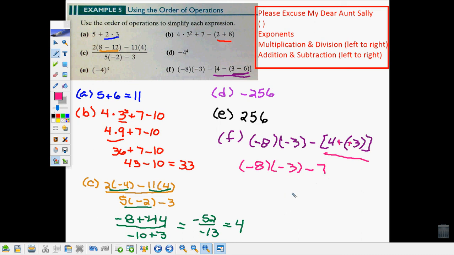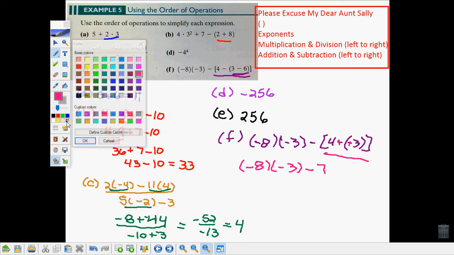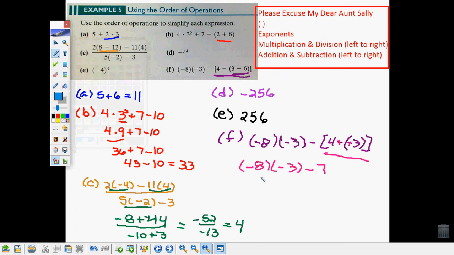Okay, so I've cleared parentheses. We don't have any exponents. The next thing we want to do would be our multiplication or division. We have multiplication. Negative 8 times negative 3 is positive 24. And now I'm left with 24 minus 7, and I complete that, and I end up with a positive 17.